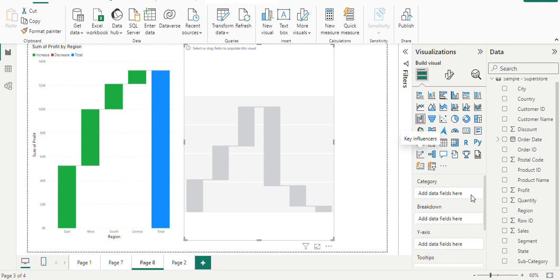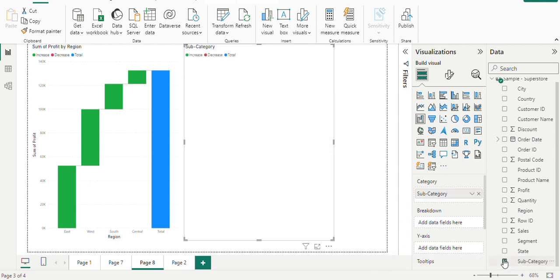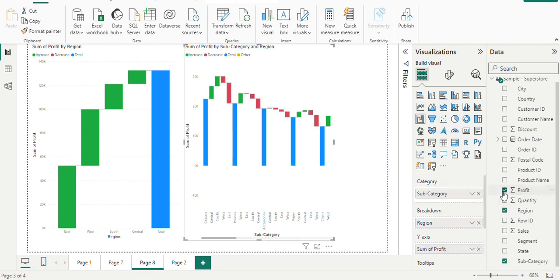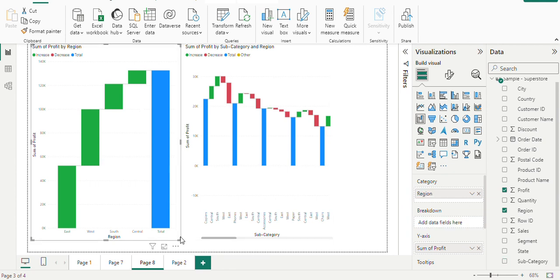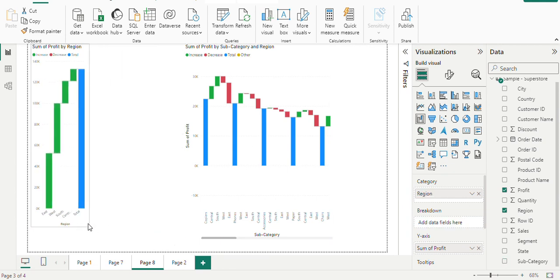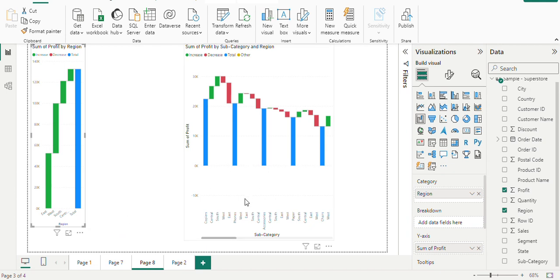So for that example, I am including subcategory in the category section, and in the breakdown we can give region, and then the y-axis we can give the same data, that is sum of profit. So let me make this visual pretty small. Now let's see what happens with this visual.